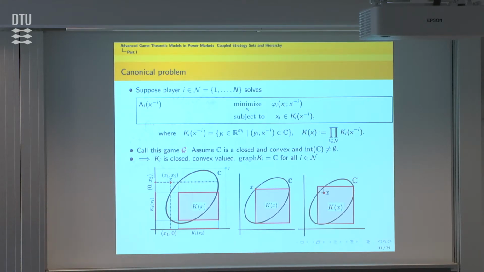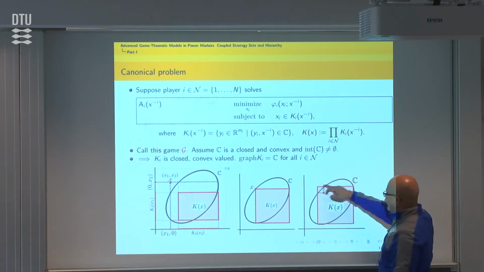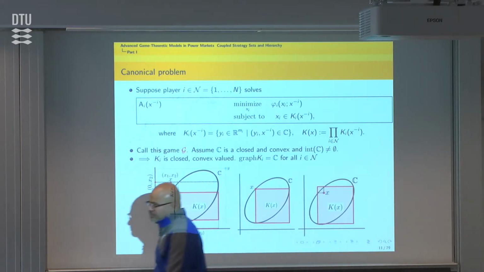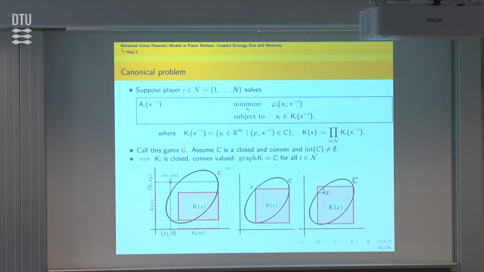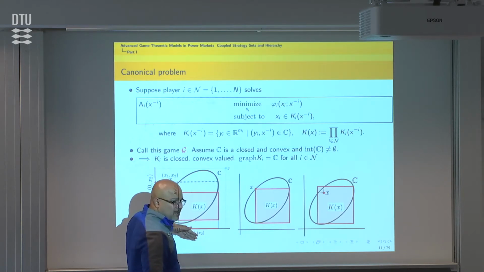So if I took the x inside, you find that this K of x might extend over. So that's the geometric understanding: the shared constraint may be some closed and convex set like a ball or an ellipse, but the set that is induced, K of x, is always Cartesian, so that's going to be a rectangular set.